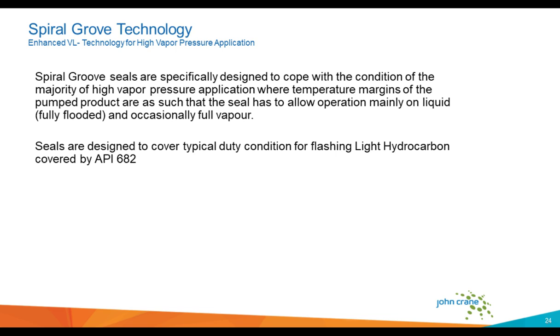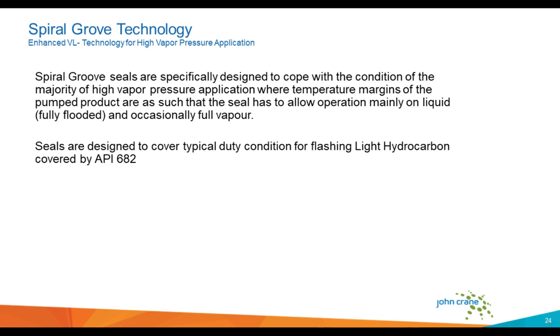The seal is designed to run on liquid, fully flooded, and occasionally full vapor. However, most of the time we find that with full vapor, the leakage is much less than when the product is fully liquid or the seal is fully flooded.